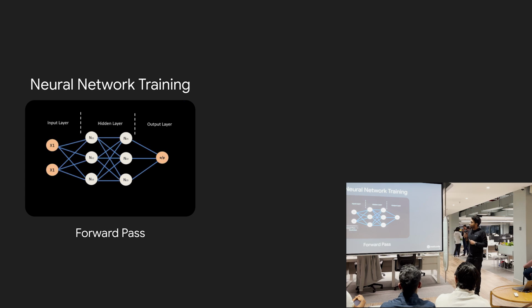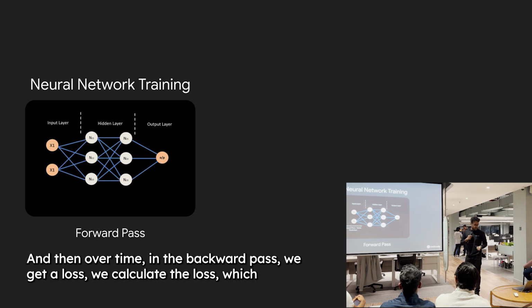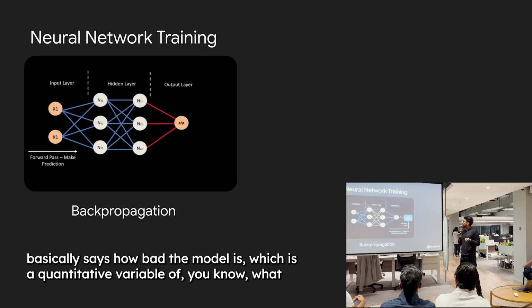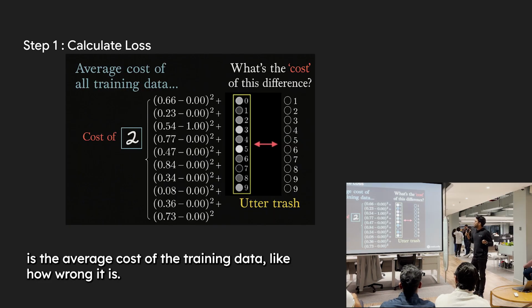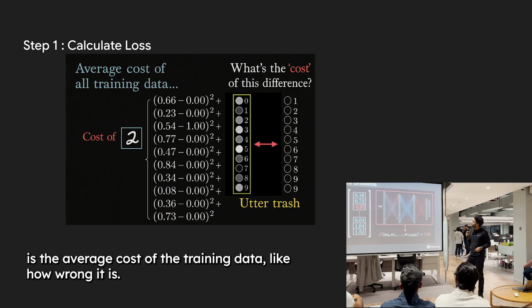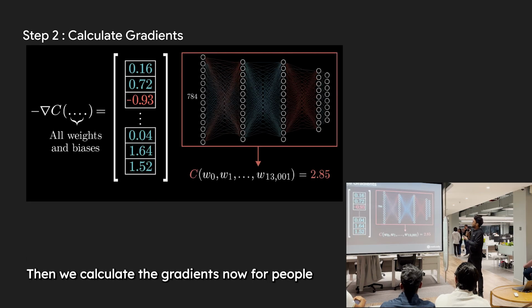And then over time, in the backward pass, we get a loss. We calculate the loss, which basically says how bad the model is, which is a quantitative variable of the average cost over the training data, like how wrong it is. Then we calculate the gradients.